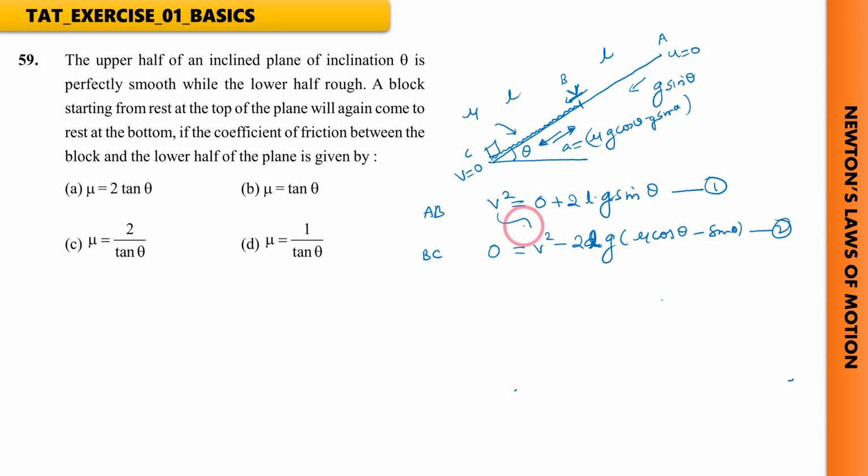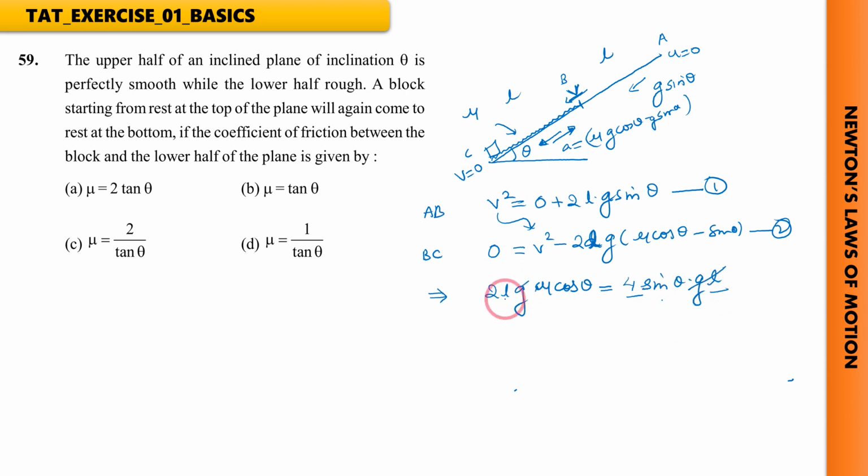Now we simply have to put this v square here and simplify it. So on solving this, meaning I am substituting v square in equation number 2, we get 2Lg into mu cos theta, you will do your calculation over here, equals 4 sin theta into gL.